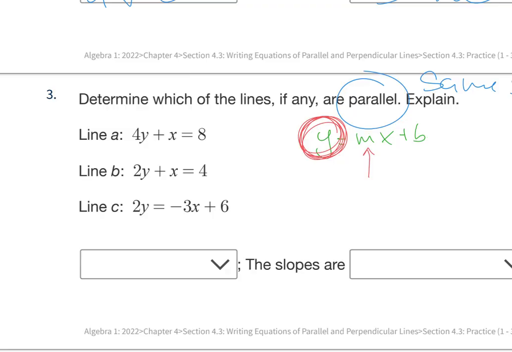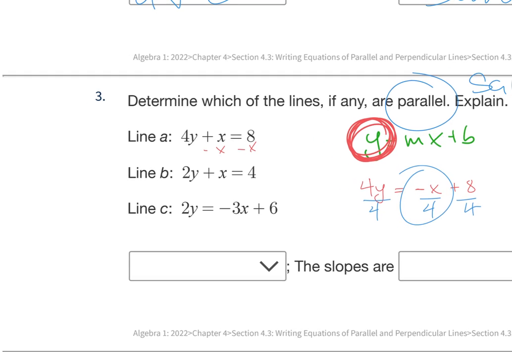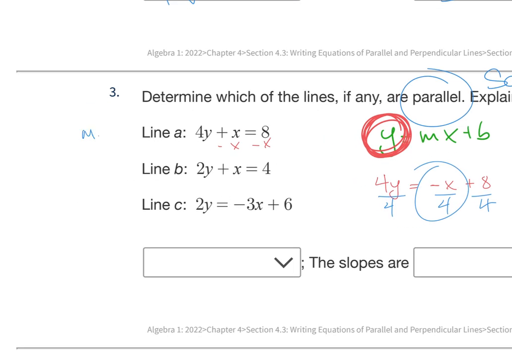So I'm going to subtract x from both sides and get 4y equals -x plus 8. I'm going to erase this line so you don't think that negative is pointing to that m, because it's not. I'm going to divide by 4. And I get that the slope for line A is -1/4.